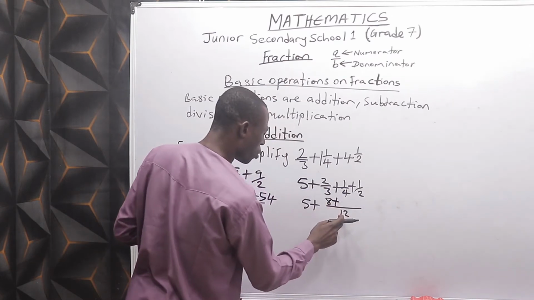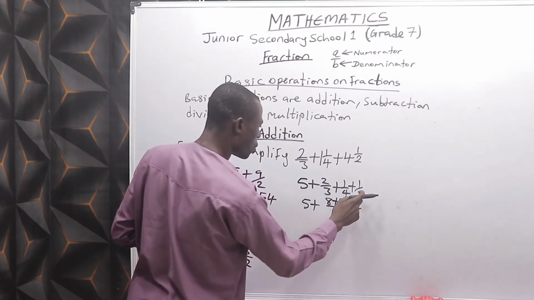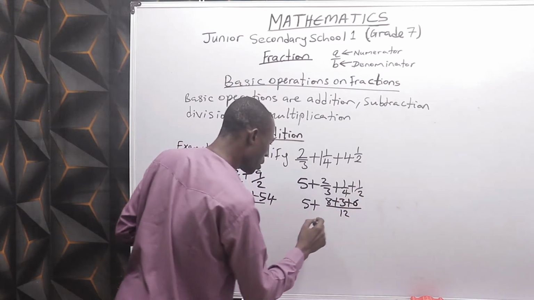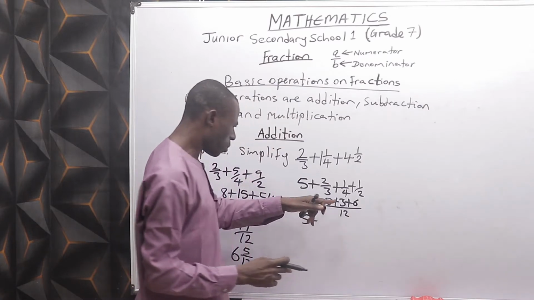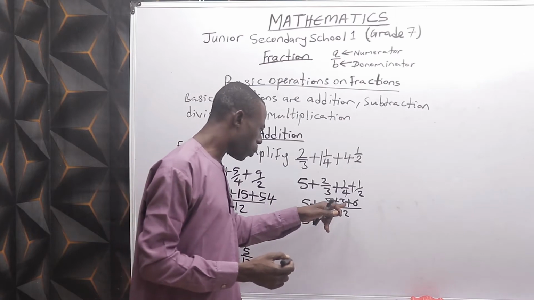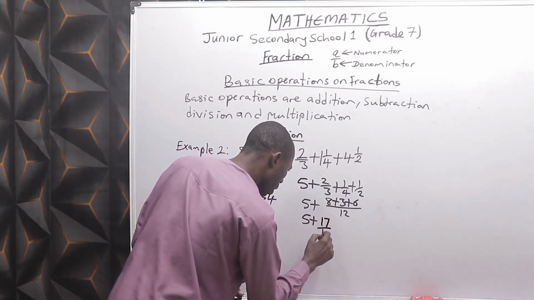Plus 4 in 12, that's 3. 3 times 1, 3. Plus 2 in 12, 6. 6 times 1, 6. So we have 5 plus 8 plus 3, that's 11. 11 plus 6, that is 17 over 12.